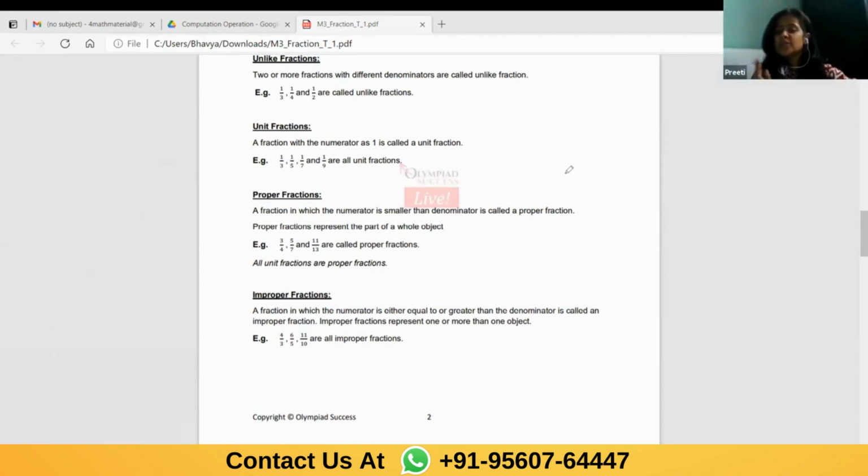Now this question Sanvi and Kian were asking, how are improper fractions possible? Improper fractions are possible, children. Why? Because an improper fraction is made up of two things: a whole number and a proper fraction.